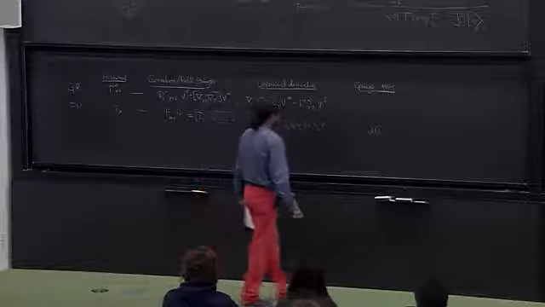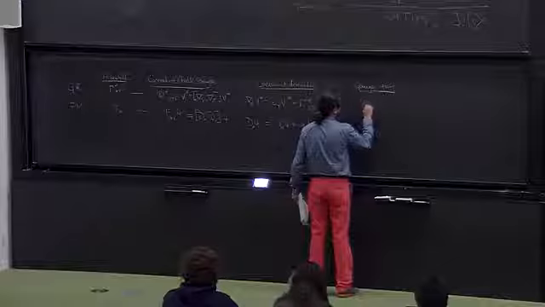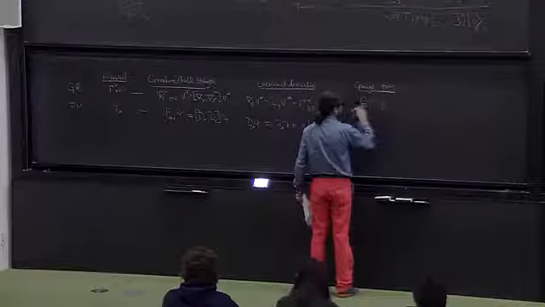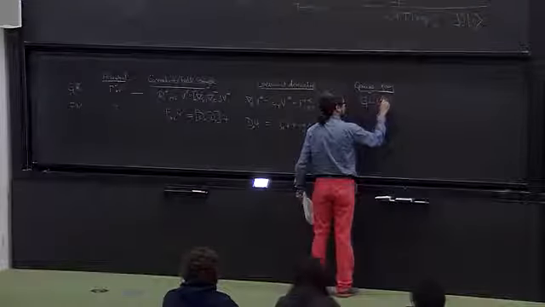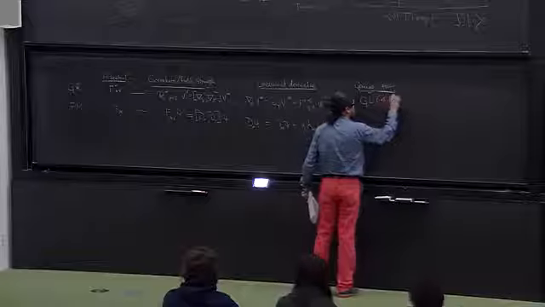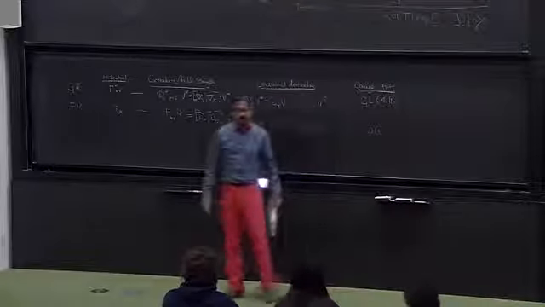And for GR, it is, I think, GL, the general linear group in 4 dimensions with real matrices.